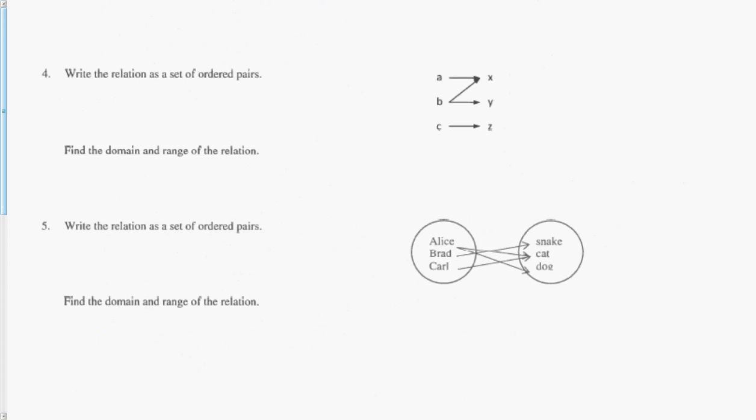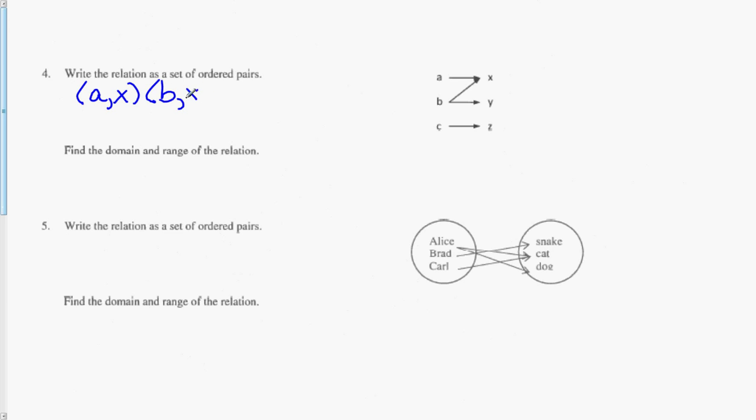Okay, let's look on the next page. Here's another way to show a relation where I've got items on the left, items on the right, and I'm using arrows to show. And you just have to watch to see if they've got two arrows coming out from the same ordered pair or part of the ordered pair. So on this one, A is going to X, but look at B. B is going two places.